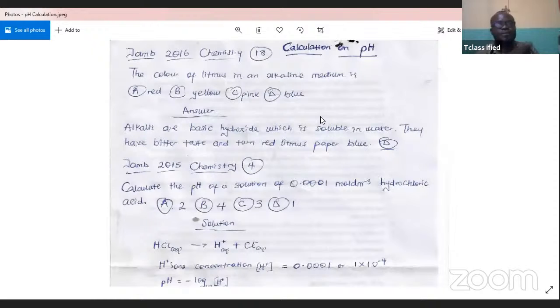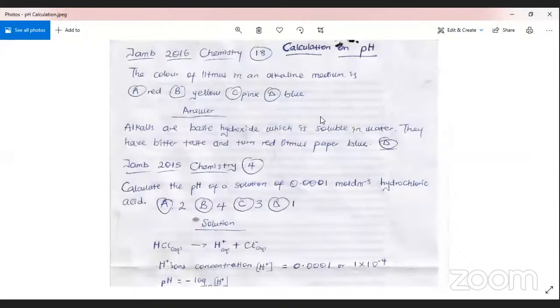Okay, good. So this is JAMB 2016 chemistry question number 18, sorry. These are some problems from past questions. Like we all know, our training here is directed to our passing our exams, so we'll quickly look at similar questions in our past questions. The color of litmus in an alkaline medium is: option A, red; B, yellow; C, pink; D, blue.